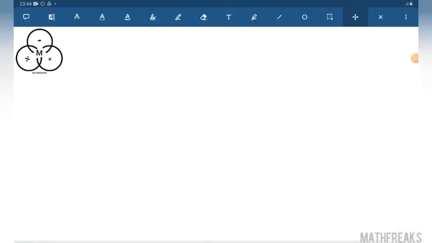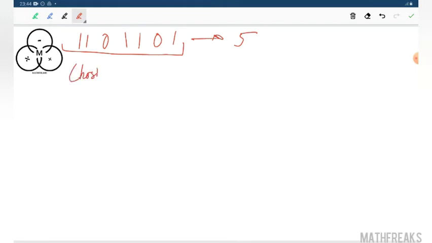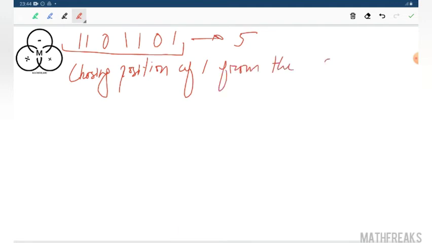In terms of combination, we have seen that this 1 1 0 1 1 0 1 will also give us 5 only. It can be thought of as selecting the position for 1 out of the positions that we are having, choosing the position of 1 from the spaces.